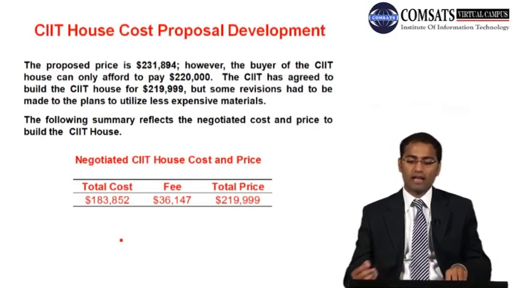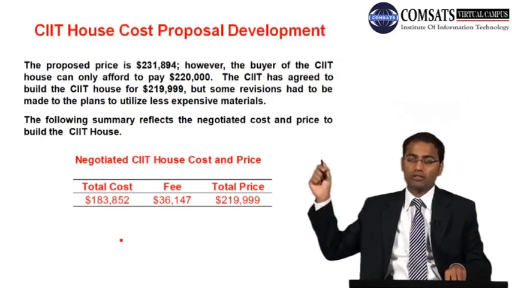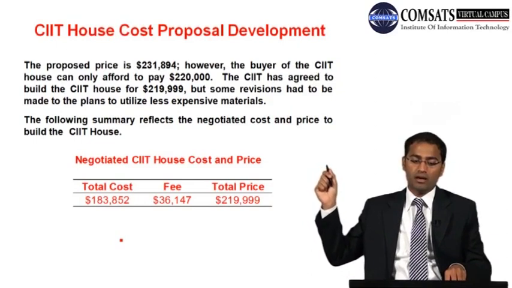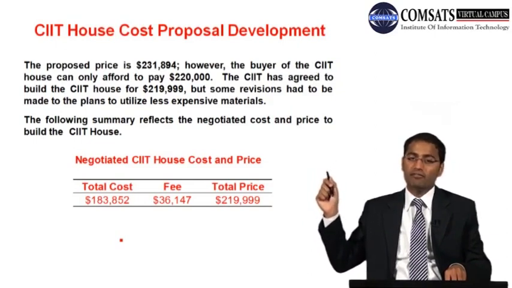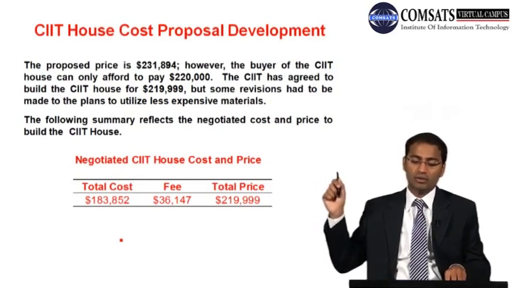The following summary reflects the negotiated cost and price to build the CIIT house. So the total cost is 183,852. The fee is 36,147, and total price is 219,999.